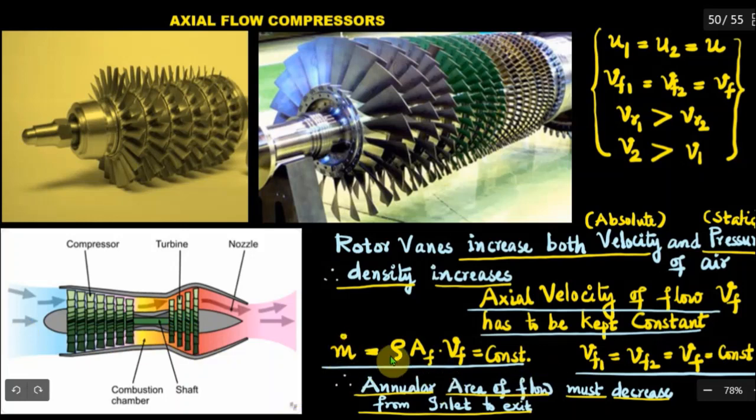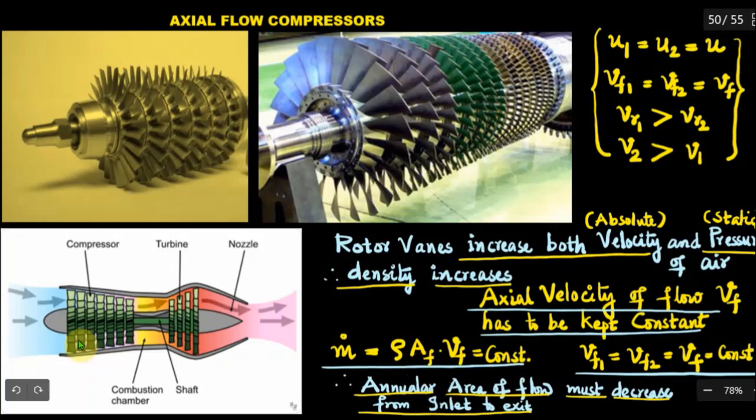So the product of these three should be constant, out of which velocity of flow is constant. So any variation should be adjusted between the density and the area of flow. Since density increases along with the pressure during the flow through the rotor vanes, the area of flow must decrease so that the mass flow rate is constant.